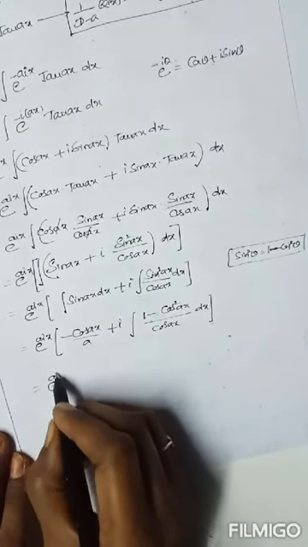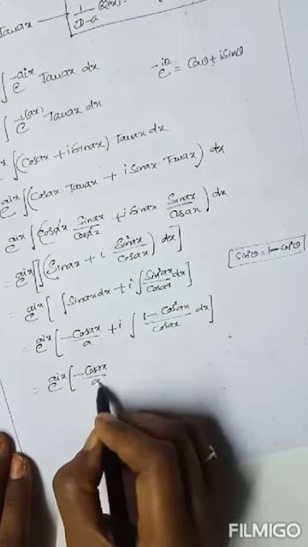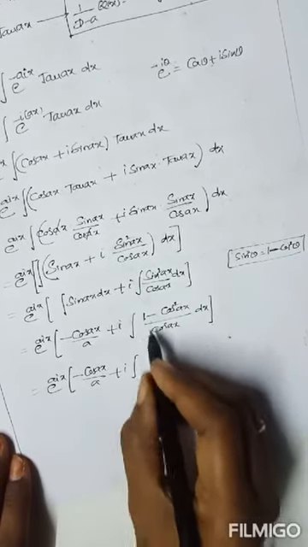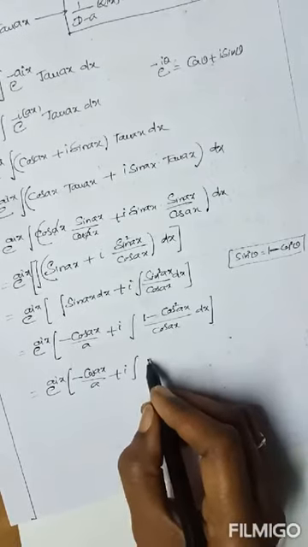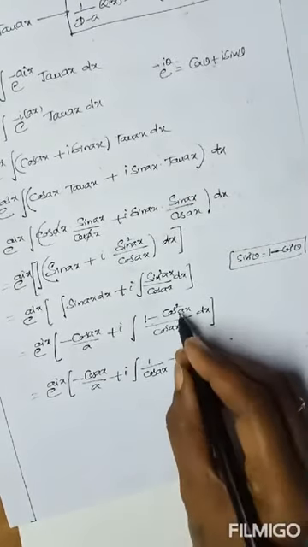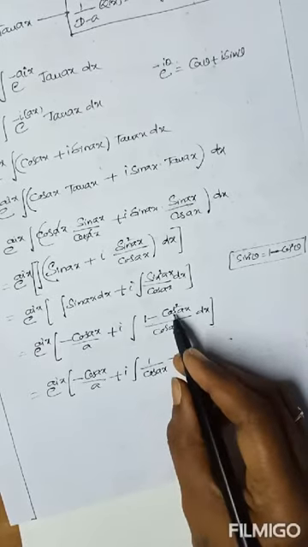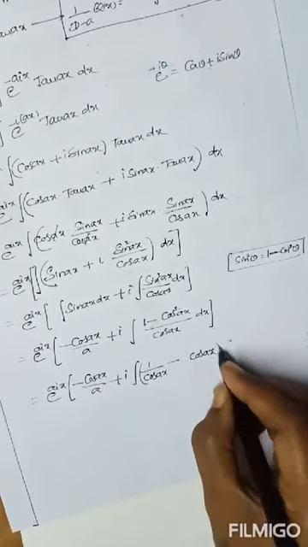So e power ax, minus cos ax by a plus i into integration of 1 by first term by LCM, second term by LCM, then you will get standard forms. First term by LCM minus second term by LCM, cos gets cancelled, only one cos function is there overall, dx.